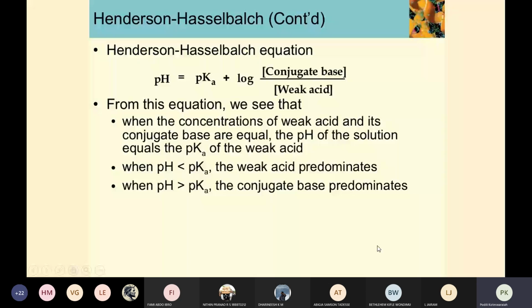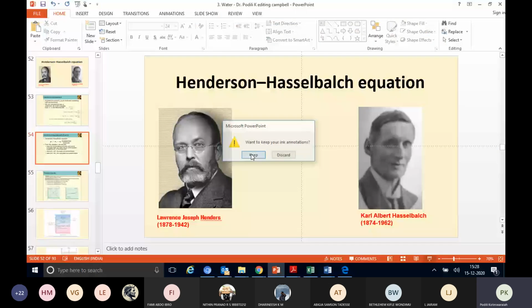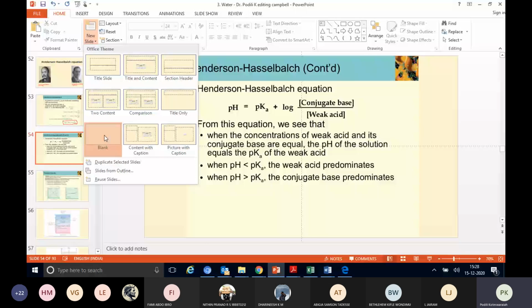This HH equation is derived by considering the weak acid dissociation. The HH equation is pH equals pKa plus log of the concentration of salt divided by the concentration of acid, or the conjugate base by acid.